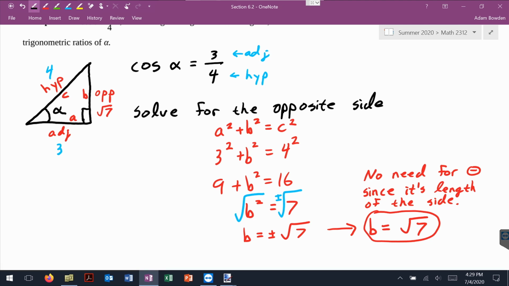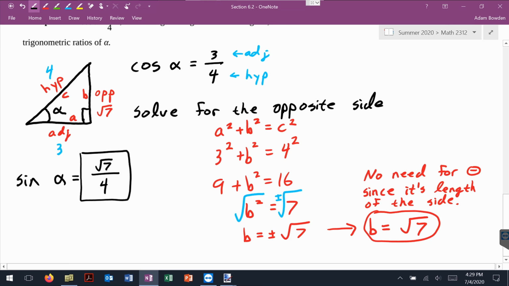And so what we can do from here is we can figure out that the sine of alpha will be opposite square root 7 divided by hypotenuse 4. The tangent alpha would be the opposite square root of 7 over the adjacent 3.